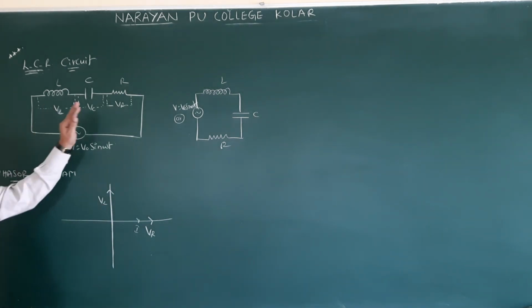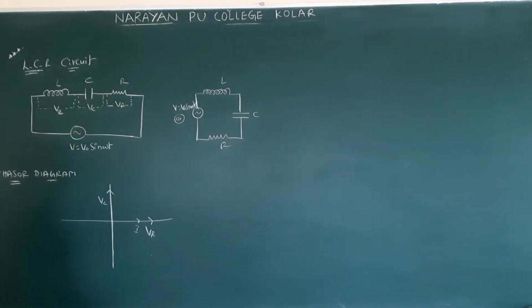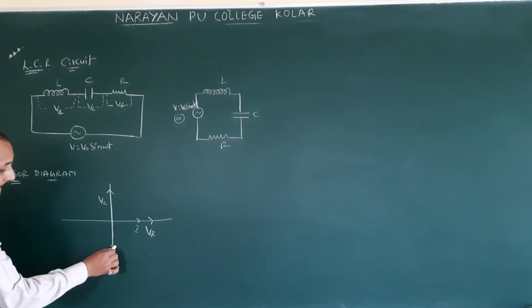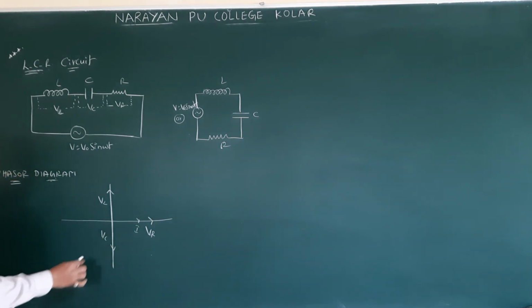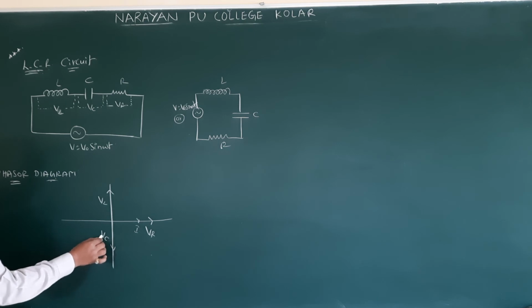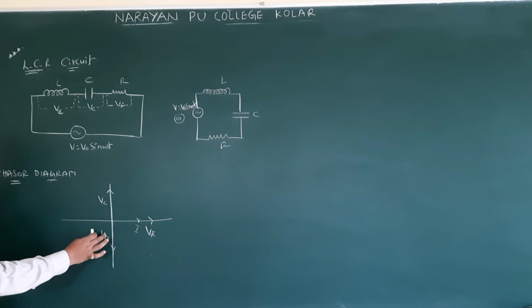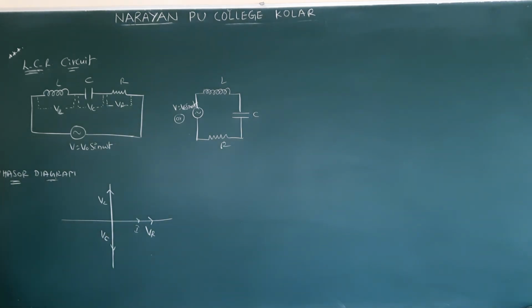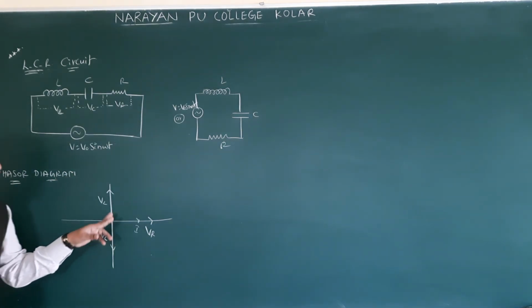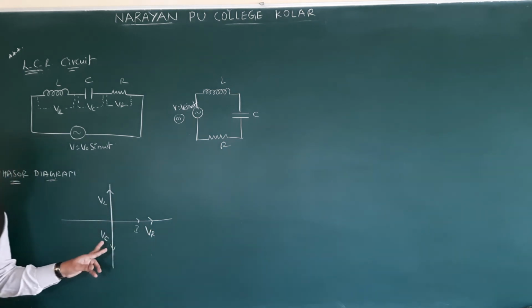Now, in the case of the CR circuit, we have drawn VC here. Okay. Now we have to find the resultant of these three: VL, VR, VC.